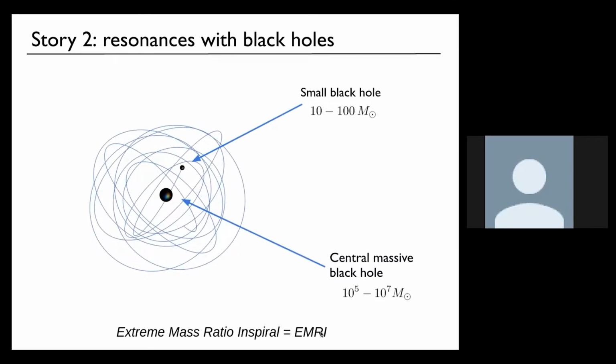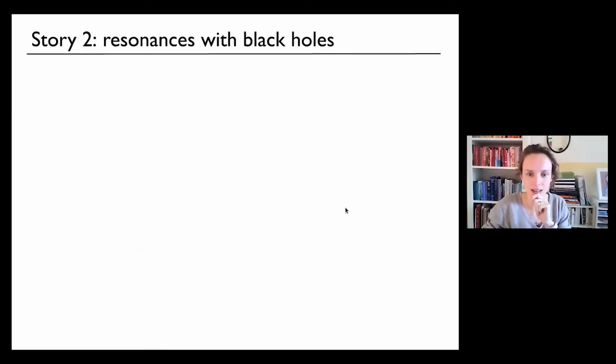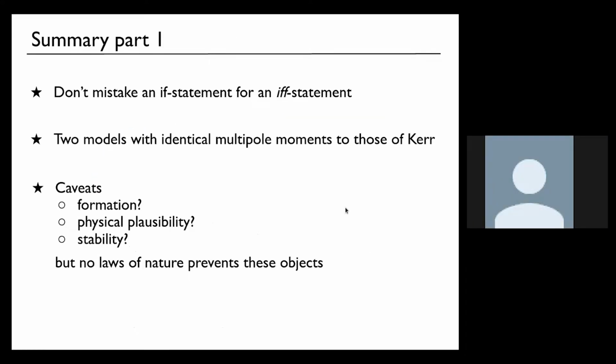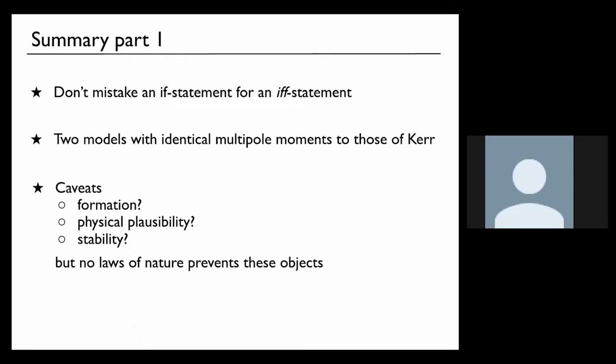Can I ask you, sorry for the interruption. Yeah, please. Can I ask you one quick question? So these are non-relativistic objects whose multipole moments, all the multipole moments, match with Kerr, right? Yeah. But in the beginning you showed the statement that for a vacuum solution, if all the multipole moments are those of Kerr, it should be the Kerr solution. But is that for relativistic objects, right?